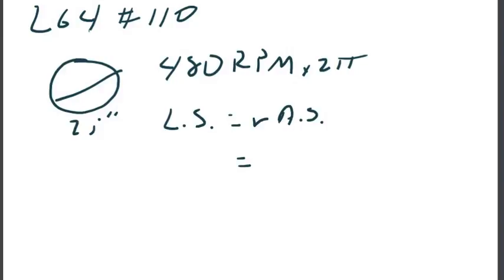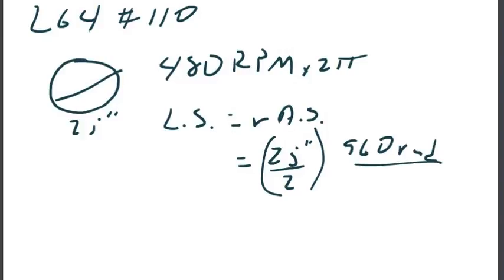And our radius is 25 inches over 2. But what we want is miles per hour. Okay, so we've got to go from inches to miles.